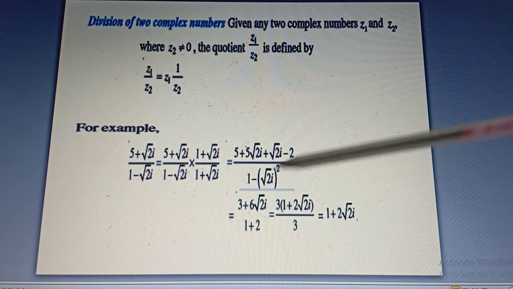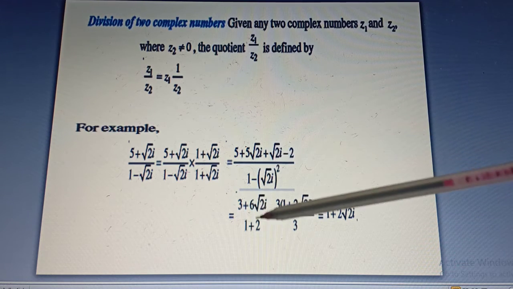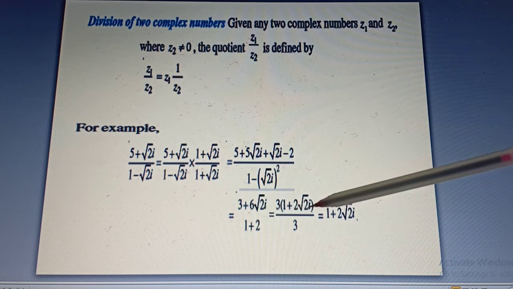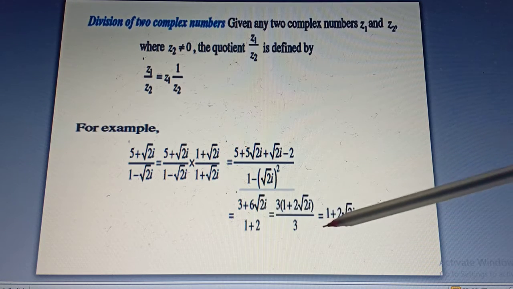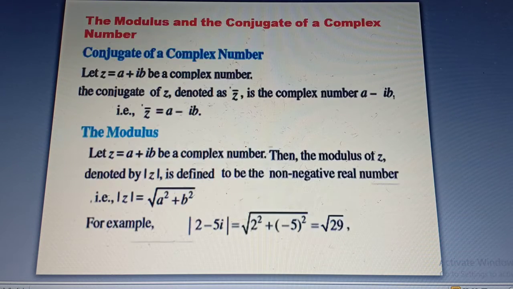So 5 minus 2 is 3, and 5 plus 1, 6 root 2i. So here 3 you can take common, 3 times 1 plus 2 root 2i by 3. 3 gets cancelled. The answer is 1 plus 2 root 2i. So I hope students have understood the division of two complex numbers.